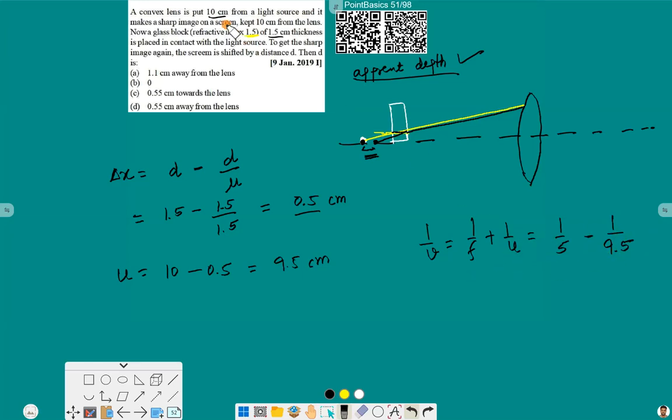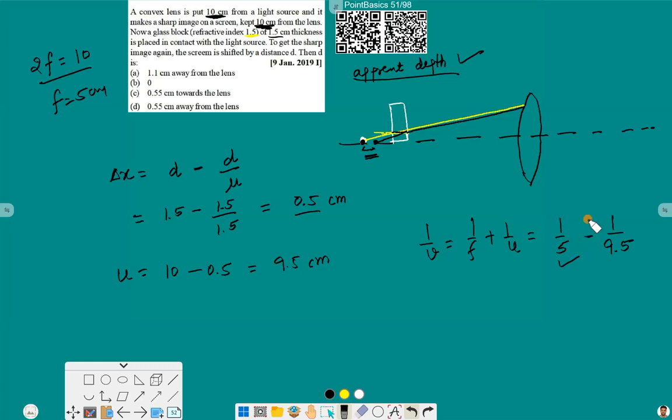And f is, oh, I forgot to calculate the f, and f can be easily calculated from the object distance. Initially, before this glass slab, object distance was 10 centimeter and image distance was also 10 centimeter. So image and object are at the same distance, means they are at 2f, and 2f is equal to 10. So from this f will be 5 centimeter, that is what I'm using here.